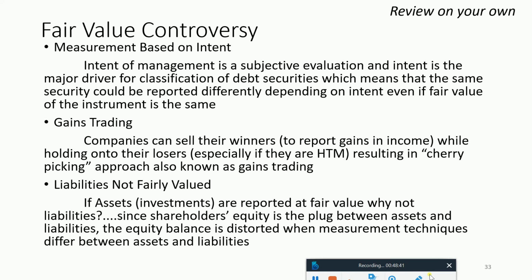There's also controversy around what is called gains trading, and that is where companies will sell their winners to be able to report gains in income, while they'll hold on to what we call their losers, or their instruments where the fair value is maybe less than amortized cost, but yet the company can make an argument that the lower value is temporary and therefore does not need to be impaired.